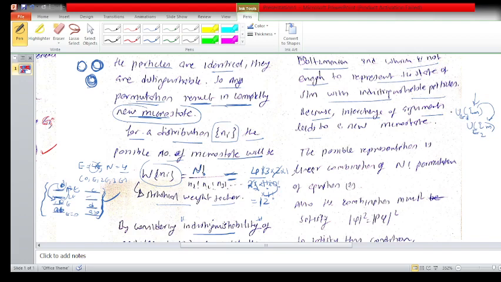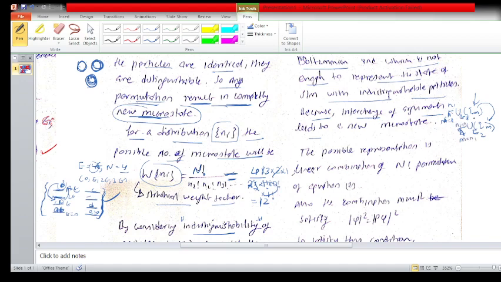Because here, let's say m is changing from n1 to n1 plus n2.